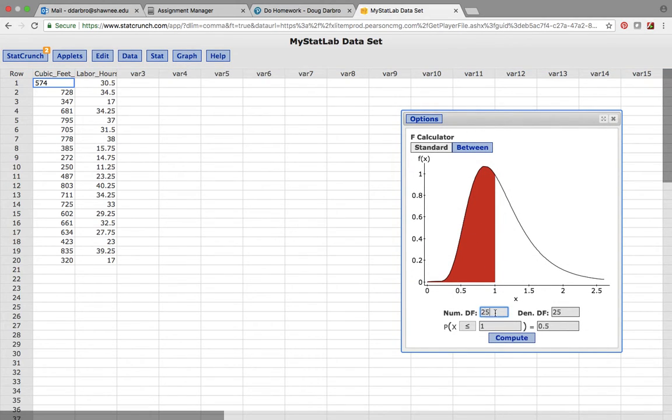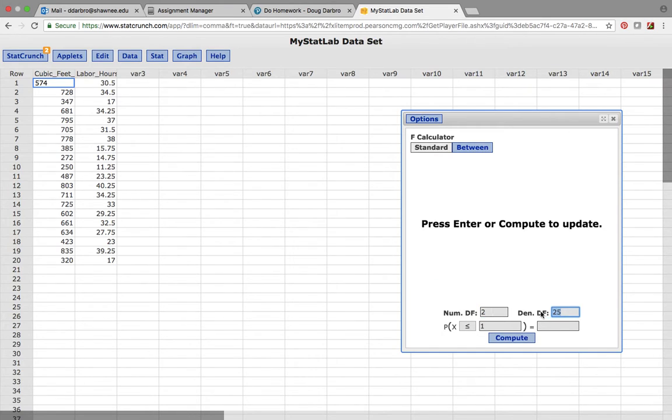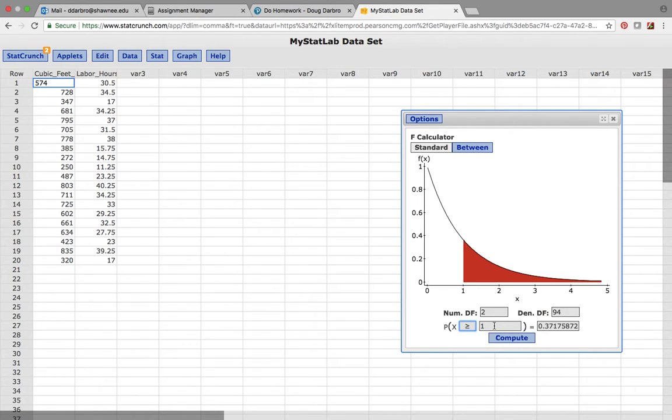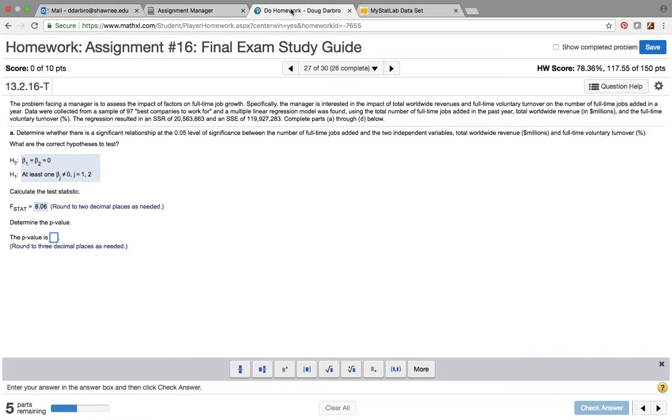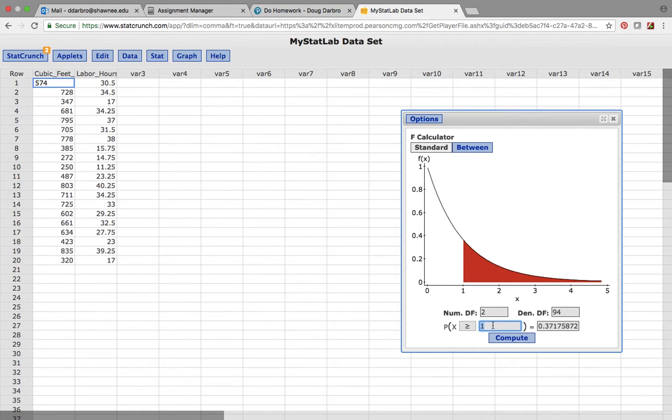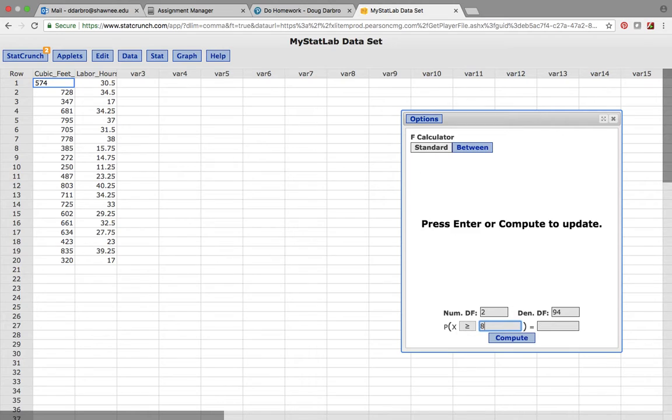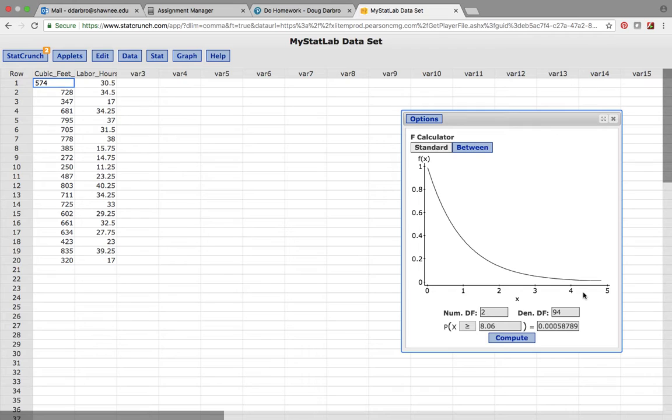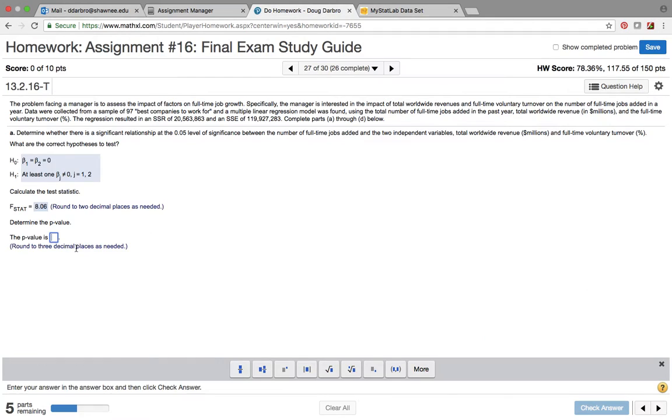And I want degrees of freedom of 2 and 94, and we want greater than 8.06. So we have 3 zeros, 0.0006. So it would be 0.001.